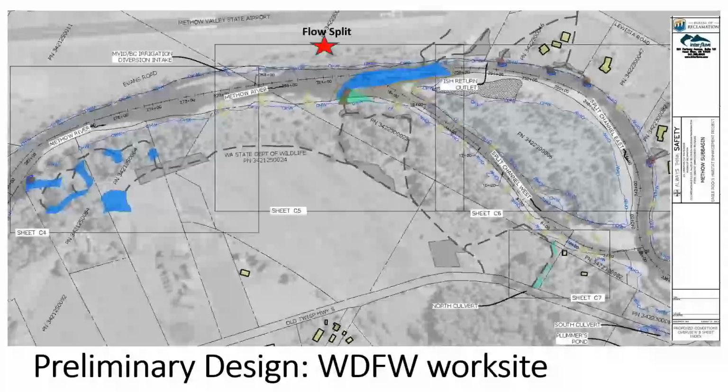I'll throw in for a second here that this is a site that a lot of people have seen over the last 15 years. We removed the whole channel spanning dam at this site, and this is really a continuation to help that restoration process that was initiated in the early 2000s reach its full potential.